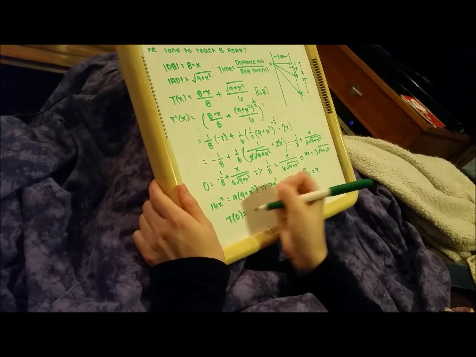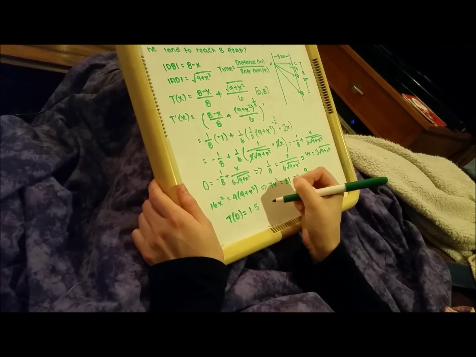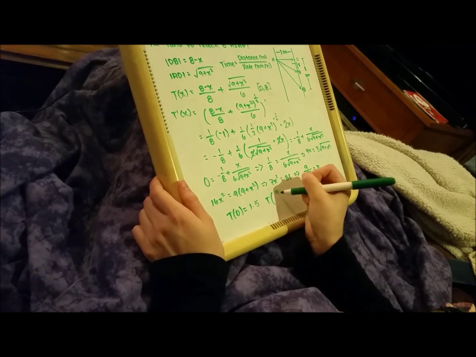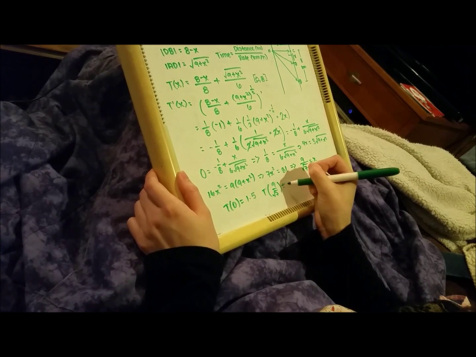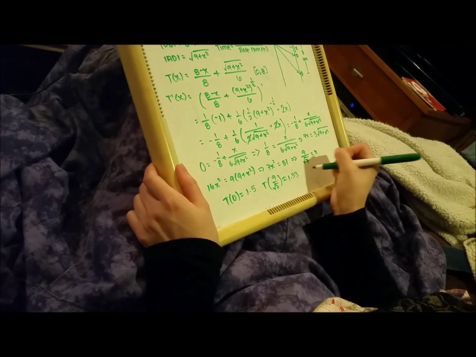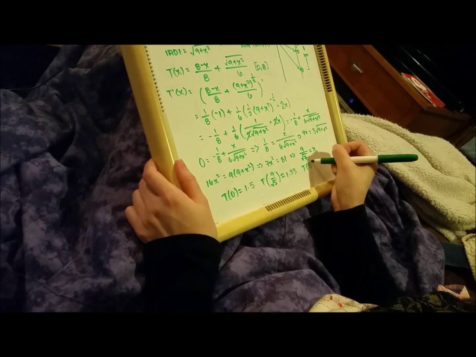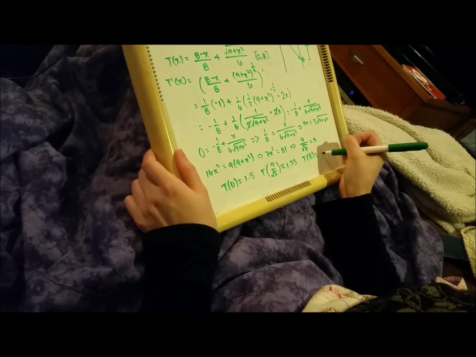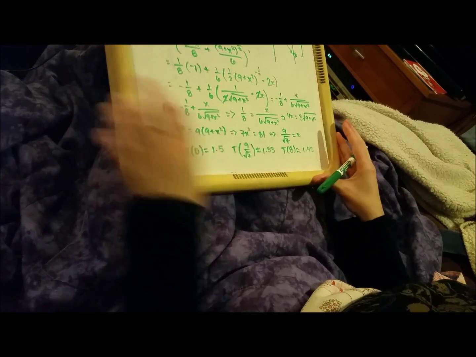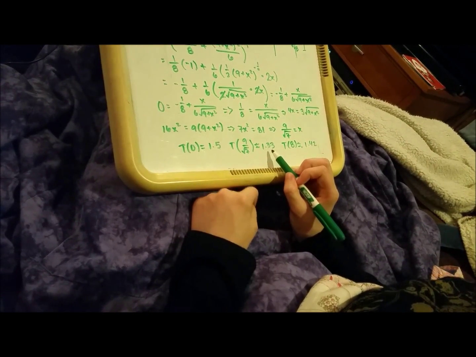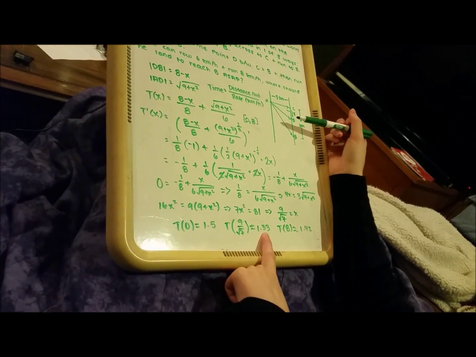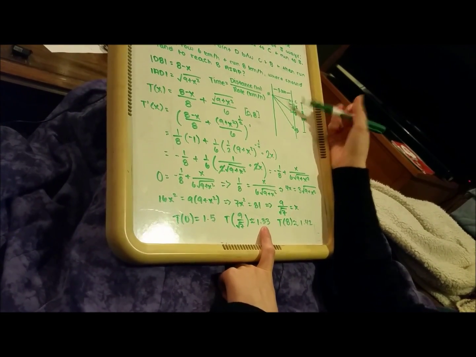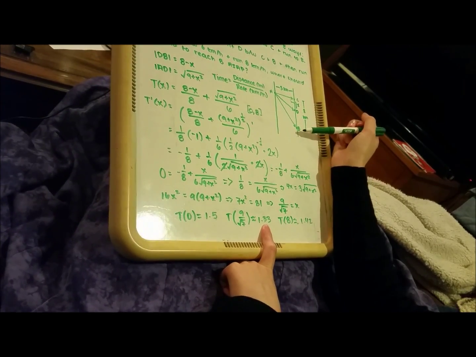With calculations, t of 0 equals 1.5, t of 9 over root 7 equals about 1.33, and t of 8 is about 1.42. Because this value is the smallest, that's our absolute minimum, so we know that he needs to row his boat to point D, which is going to be about 1.33 kilometers down the bank, and then run the rest of the way to point B.